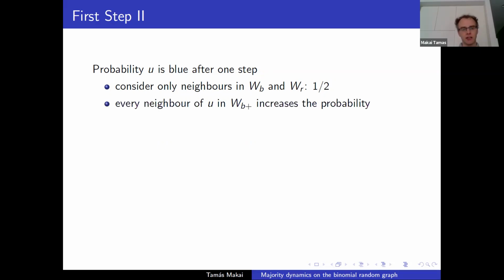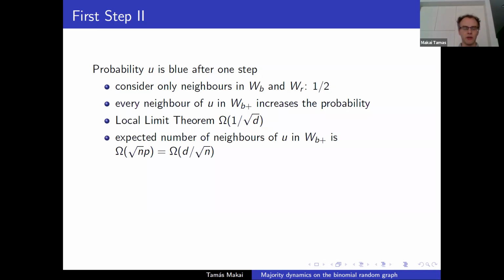Now let's take the effect of the neighbors of U in WB+ into account. Each neighbor U has in WB+ will increase the probability that U will be blue after one step. In particular, we can use the local limit theorem to show that this probability is of order 1 over root D.